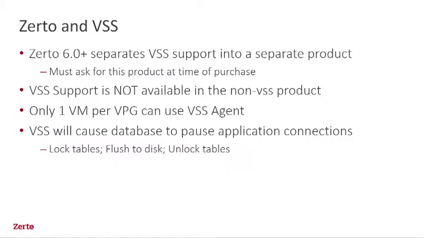If you had it in 5.5, you automatically got it in 6.0. But if you're a new customer, you have to ask for it. And if for whatever reason you install the non-VSS version, the only way to get the VSS version is to uninstall Zerto and reinstall it. It's not really a technical thing, it's a lawyer thing.